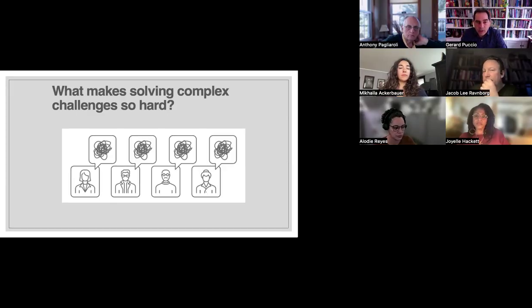Higher order thinking skills subsume a number of more specific forms of cognition. So one of the reasons why complex thinking is so complex is that we have to manage and navigate our way around a number of lower order thinking skills.